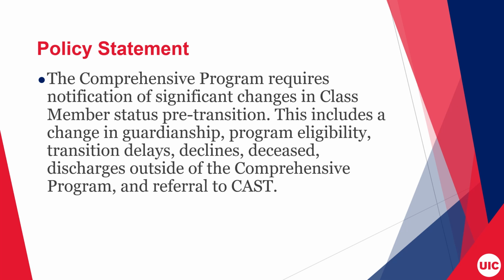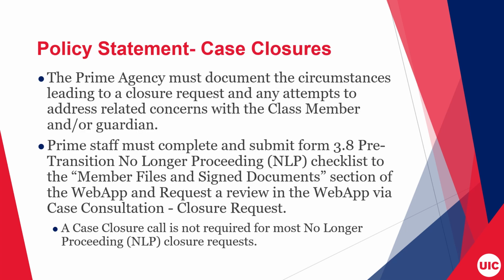These changes include changes in guardianship, program eligibility, transition delays, declining services, class member deaths, discharges outside of the comprehensive program, and CAST referrals. If a class member is not continuing towards transition, the prime agency must identify and document details related to the identified change.